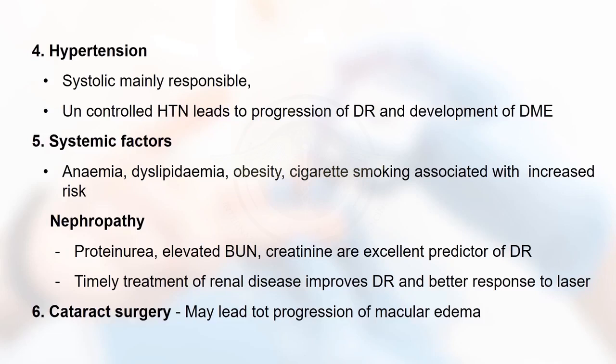It is mostly associated in case of moderate to severe nephropathy. Timely treatment of renal disease improves diabetic retinopathy and gives better response to laser if the nephropathy is being corrected and properly treated by a nephrologist and a physician as well. Cataract surgery may lead to progression of macular edema.